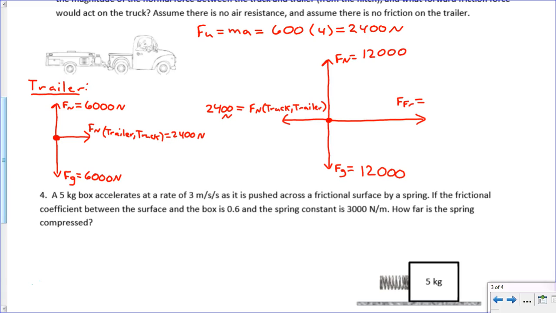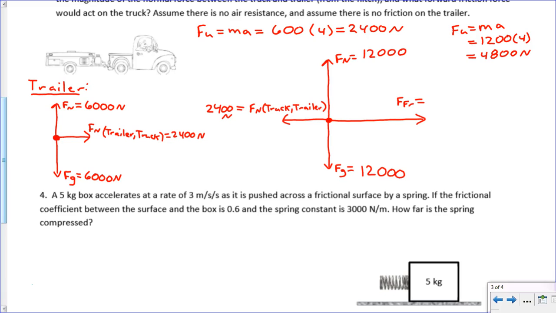And then for the friction force, we have to do another Fu equals ma, this time for the truck. Fu equals ma for the truck equals 1,200 times 4, which gives us 4,800 newtons. This tells us that the forces to the left and right are unbalanced by 4,800.